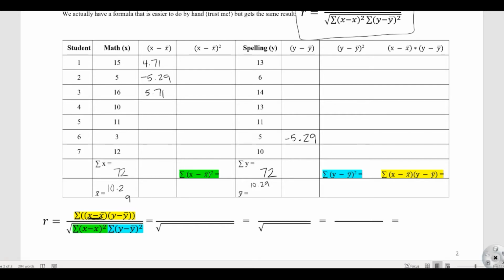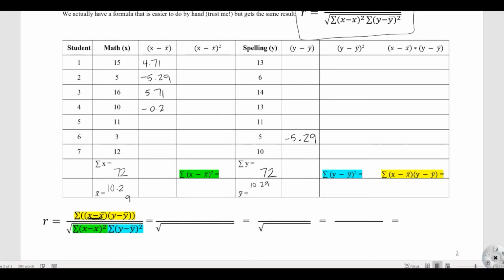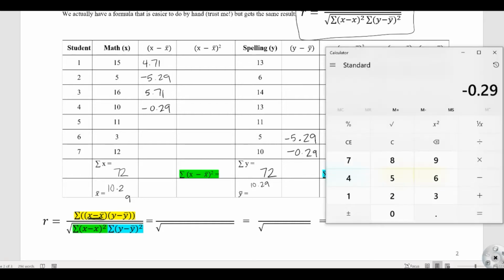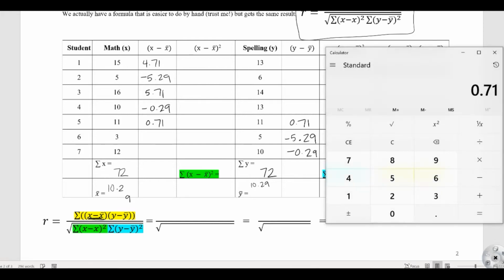No other 16s, okay. 10 minus 10.29 is going to be minus 0.29. So then there's another 10 over here, so I'm just going to save myself a little time, put it in there. 11 minus 10.29. You see, this gets really tedious really fast. Got another 11 over here, put it there.